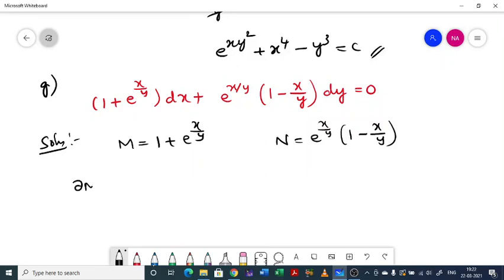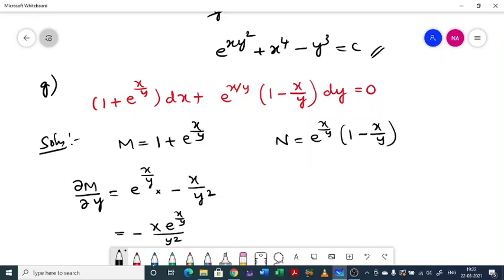So ∂M/∂y equals, first term will be 0, e power x by y into the derivative of x by y, which is minus x by y square, so it is minus x e power x by y divided by y square.